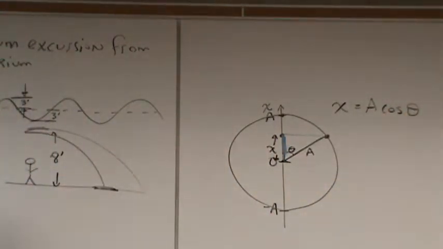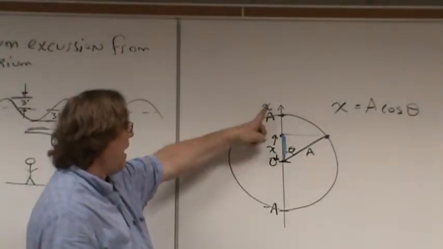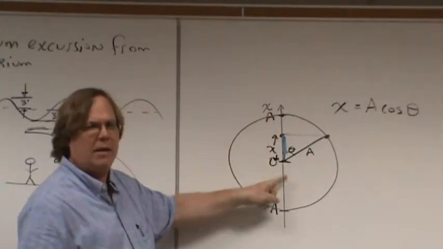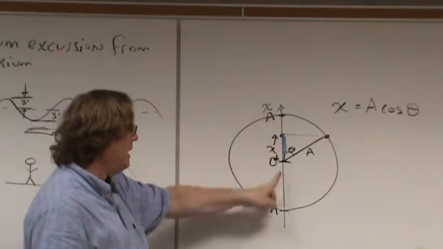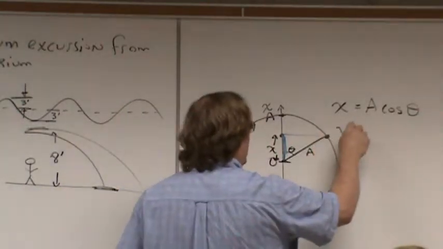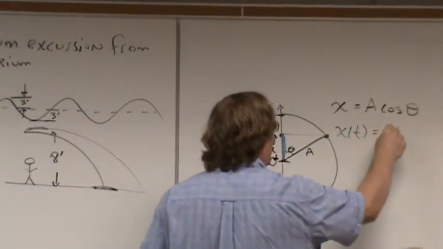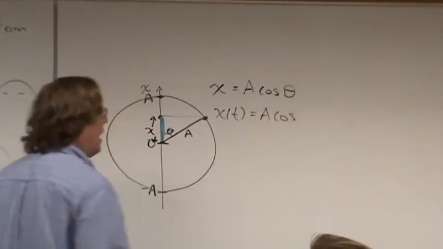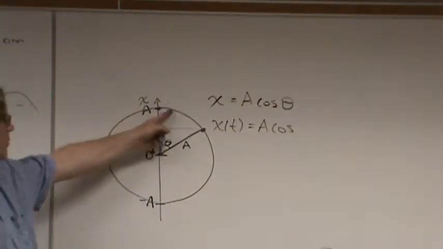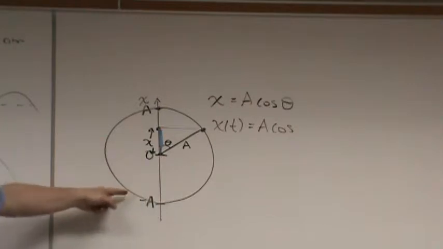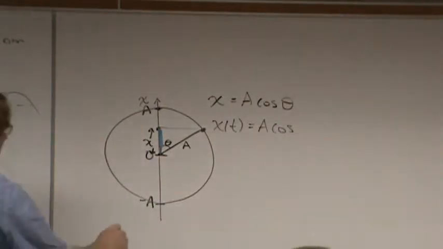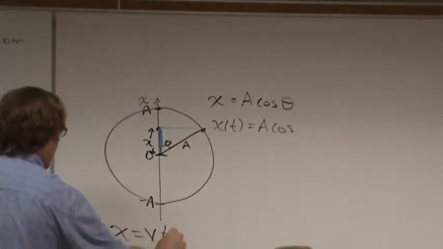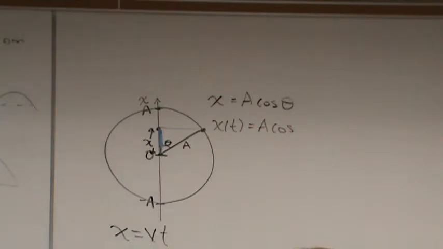But here's the thing, I want to get an expression of x for any time, not just right there, but at any time. And so I'm going to get this expression x of t equaling A times the cosine of, and now I need to express theta in terms of time. Well, we know that x equals vt. We learned that a long time ago when we did kinematics.